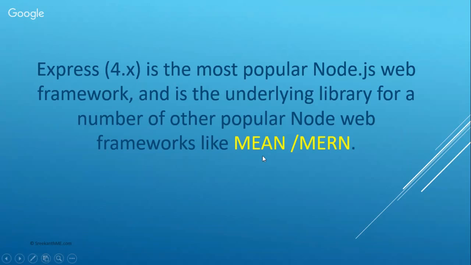So MEAN stands for MongoDB, E for Express, which is what I'm talking about now, A for Angular, and N for Node.js. Similarly, here MERN: M stands for Mongo, E for Express, R for React.js, and N for Node. So whether it is MEAN or MERN stack, Node.js and Express is common to it, and it's pretty popular.